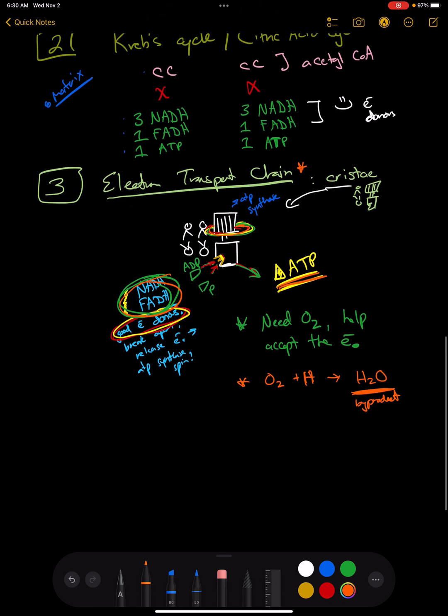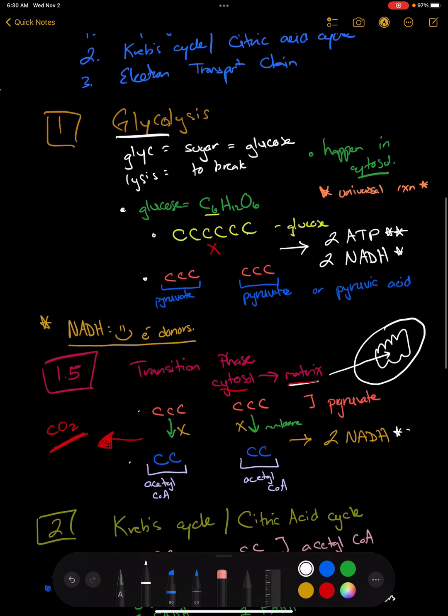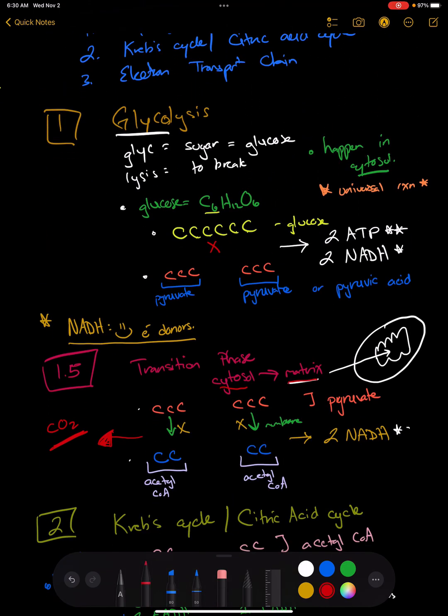So let's get to our final numbers, right? Coming into the ETC, the electron transport chain, I had 10 NADHs. But if you recall, let's go all the way back up here. Glycolysis, let's do it in red.